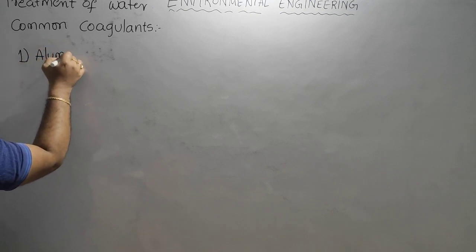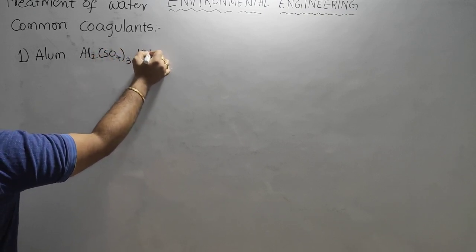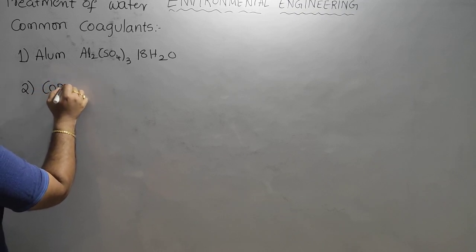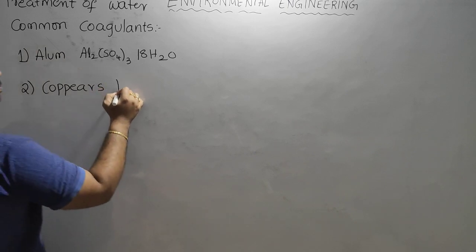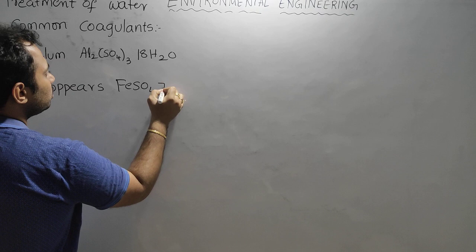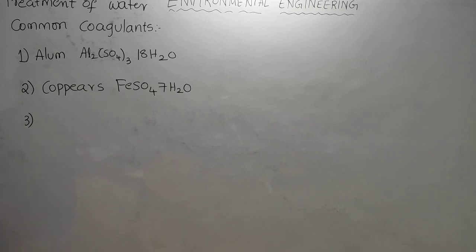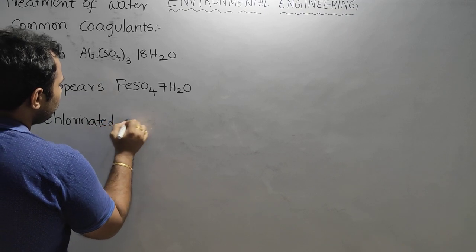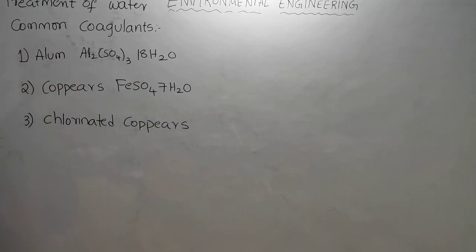Alum, Al2(SO4)3·18H2O. This is alum. Next is copperas, FeSO4·7H2O, and the third one is chlorinated copperas.